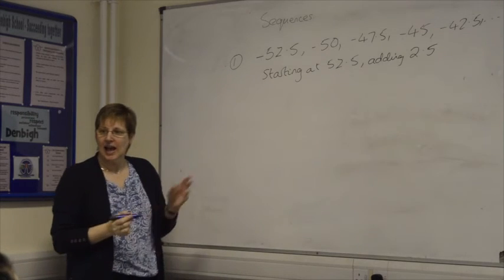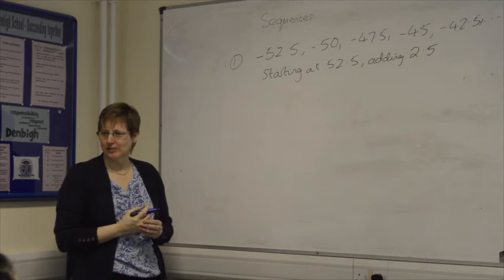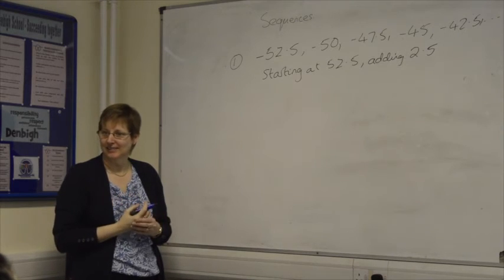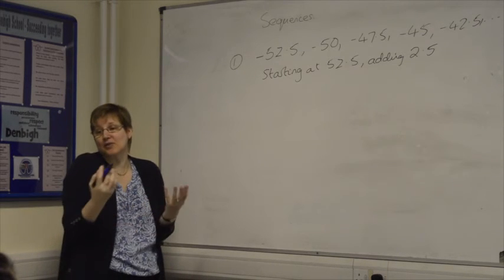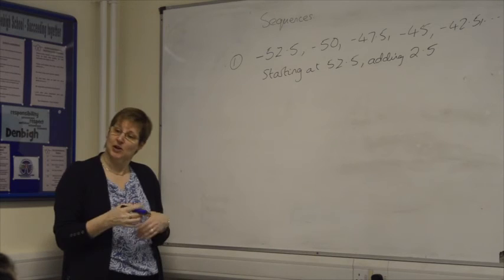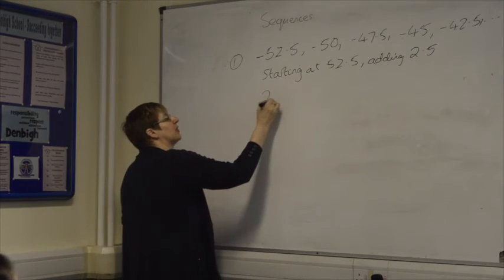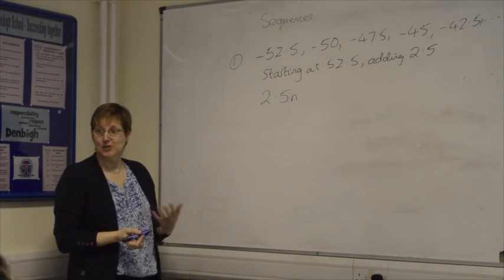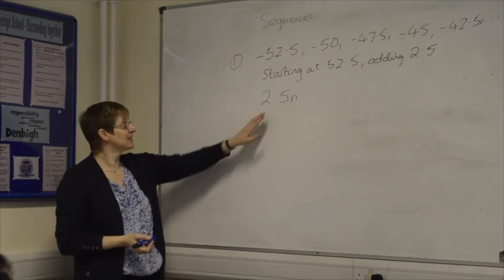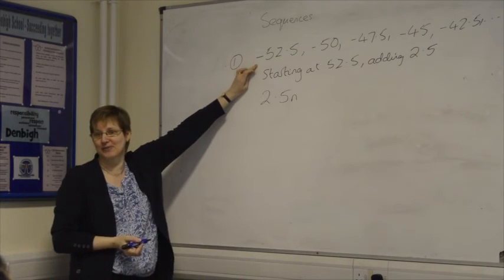So if we're adding 2.5, what times table is this based on? Nominally. Not that we do have this one, but if we go up in 2s, we're based on the 2 times table. If we go up in 3s, we're based on the 3. So if we go up in 2.5s, isn't it 2.5n? But our 2.5 times table starts at 2.5 and we want to start at minus 52.5.